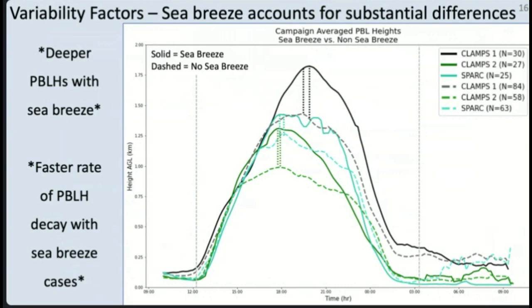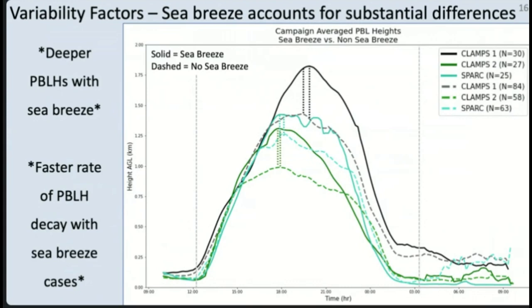Even at CLAMPS 1 or CLAMPS 2, the sea breeze can happen early or late, and there's a span of up to 6 hours at one specific site. So you miss out on the immediate sea breeze since this isn't normalized by the sea breeze time.